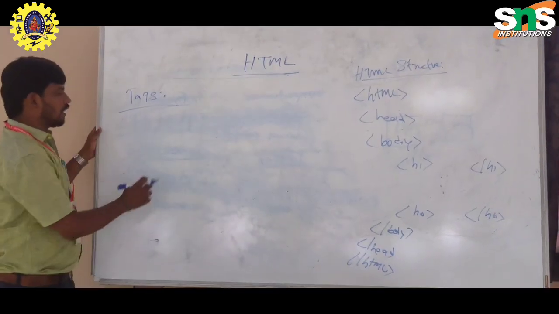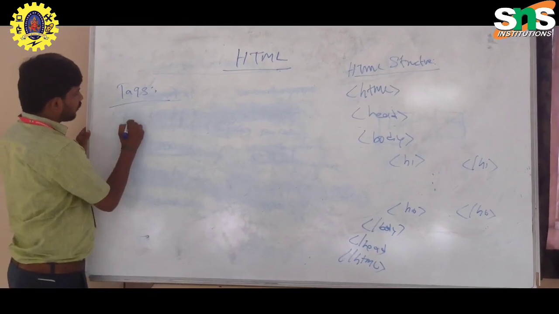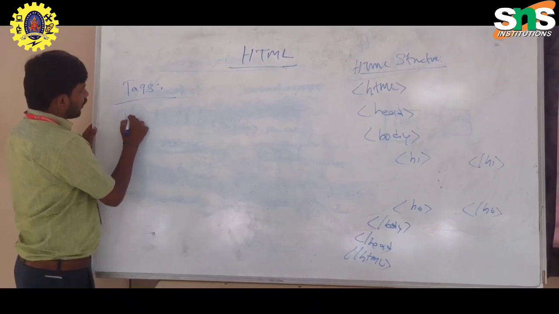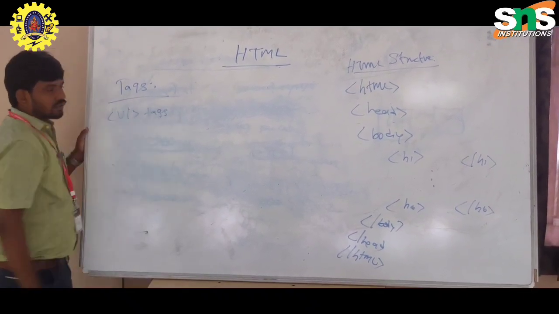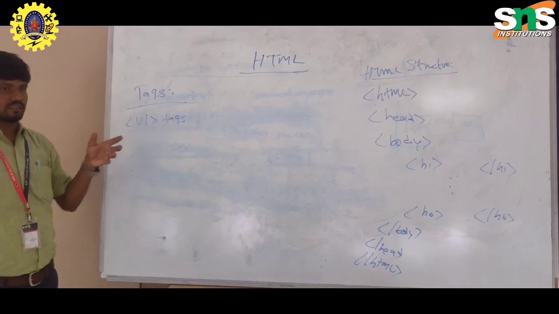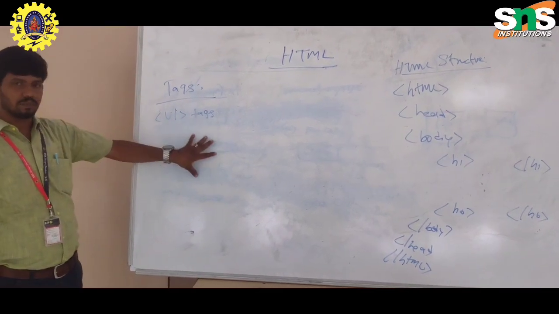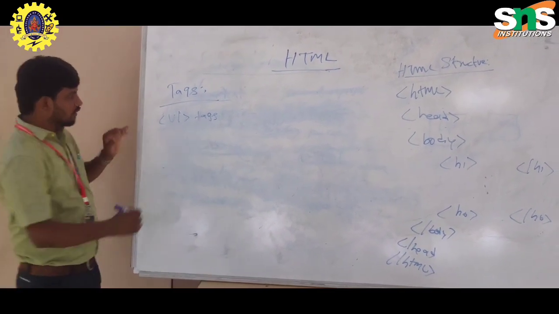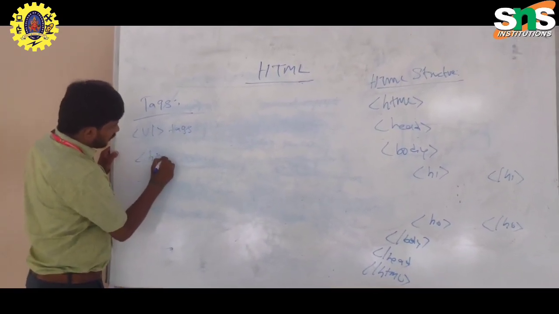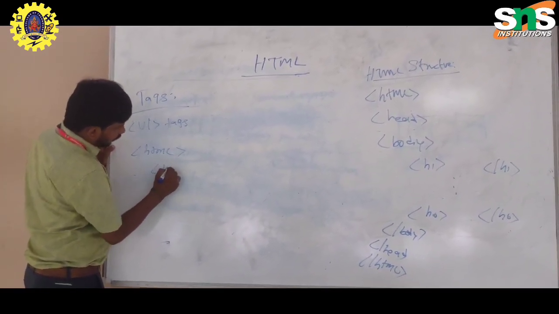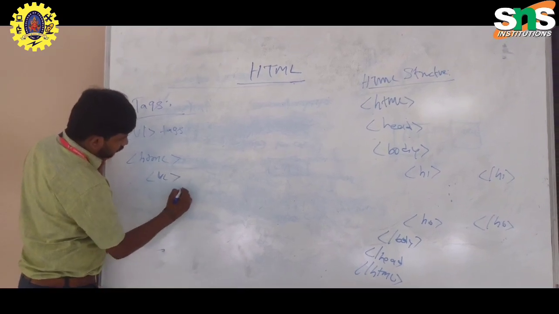For the unordered listing tag we mention UL as the tag. Suppose we are creating a list. First of all we create the HTML, then we create a UL, and then we list.